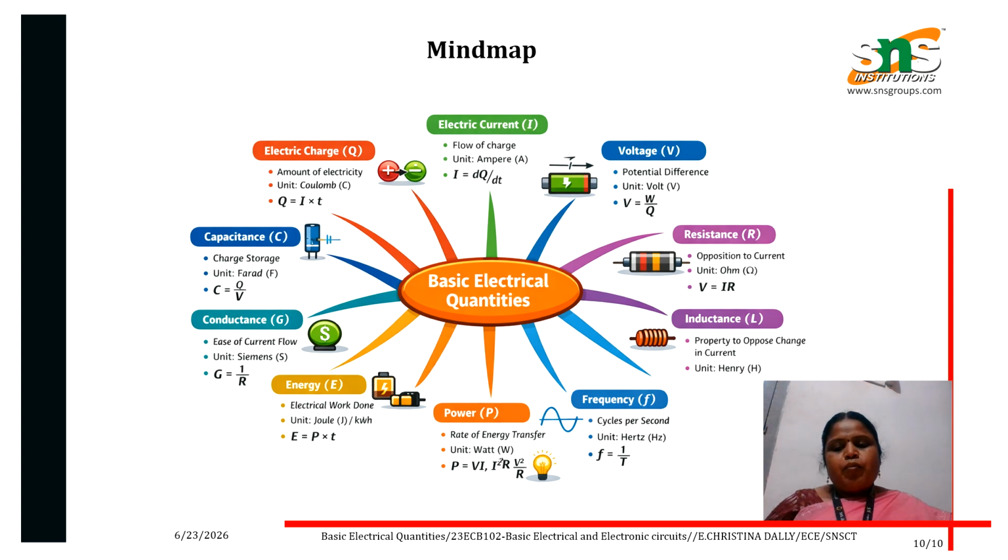Inductance is the property to oppose the change in current. Frequency we measure in terms of cycles per second, that is F is equal to 1 by T. Energy is electrical work done. Power is nothing but rate of energy transfer. Conductance is ease of current flow. Capacitance is used to store charge, and electric charge is nothing but the amount of electricity.